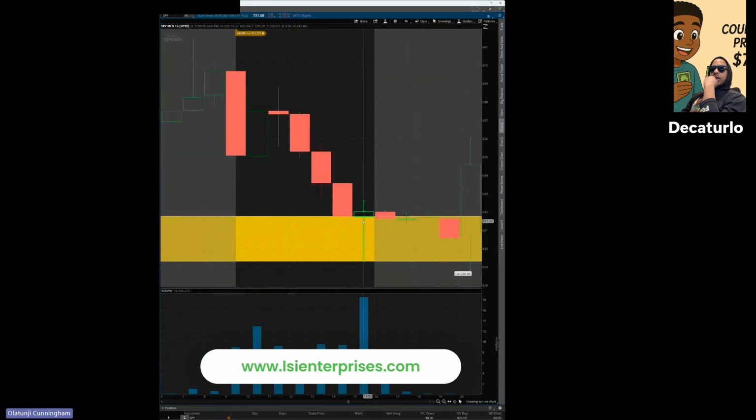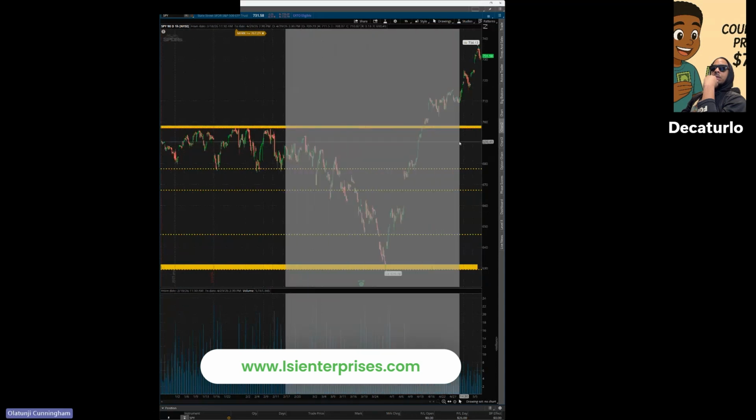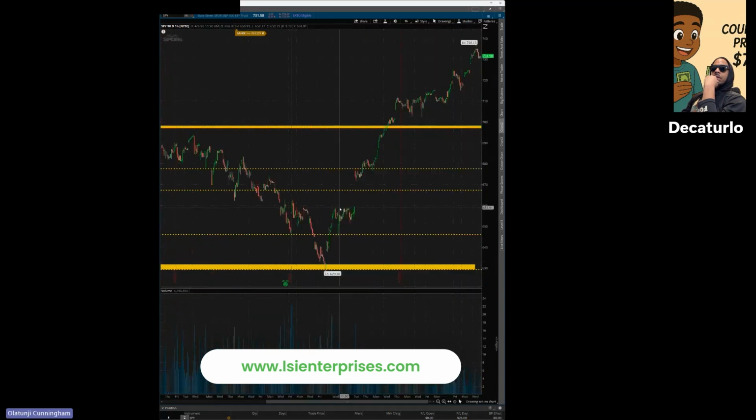So if you notice right here, it came to the bottom of this channel. And when it got to the bottom of this channel, it came all the way back up. You see how the buyers came back in? Now to make it even simpler for y'all, you can actually take the after hours off if you want to, and you'll see the gaps from day to day.